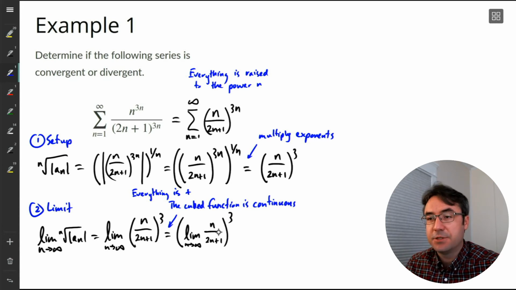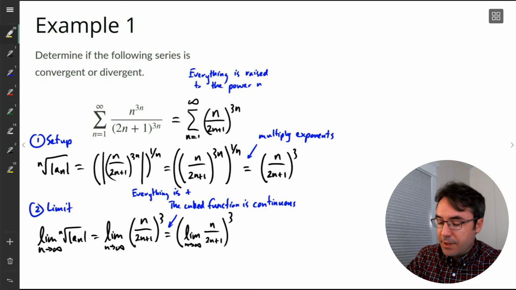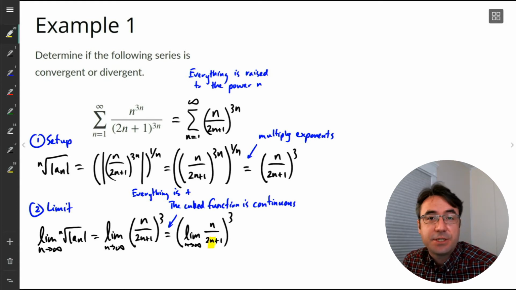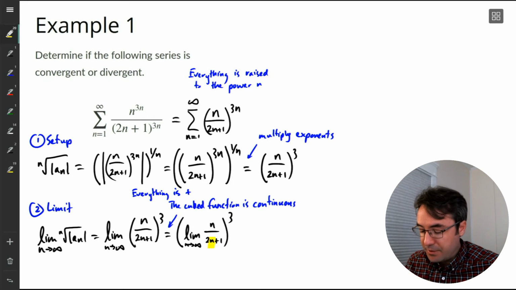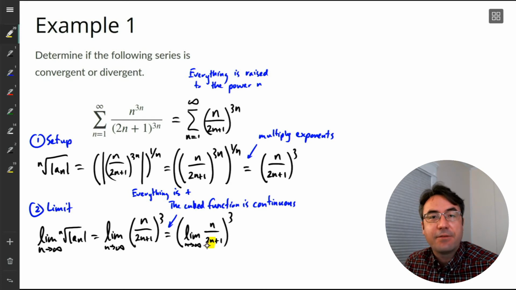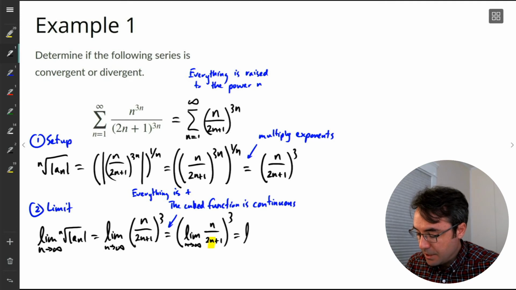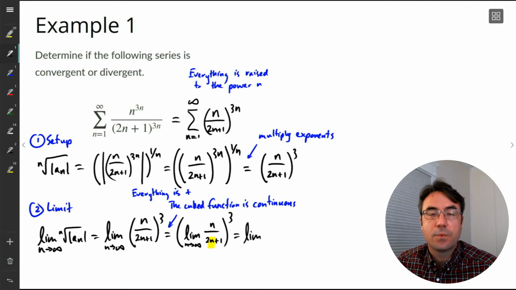And now it comes down to just doing the limit of this rational expression, n over 2n plus 1. And we go to our usual strategy for that. So we look at the highest power of n in the denominator. In this case, it's just n. So we divide everything in the numerator by n, everything in the denominator by n. So it's our usual 1 over the largest power technique there.